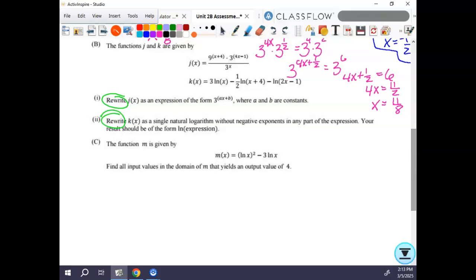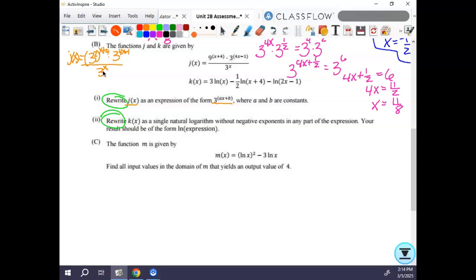It says j of x is an expression. It even tells you what it's supposed to look like and what your base is supposed to be, where a and b are constants. So j of x is equal to, and then I'm going to make that 9 into a 3, so 3 squared to the x plus 4 power times 3 to the 4x minus 1 power all over 3 to the x power.